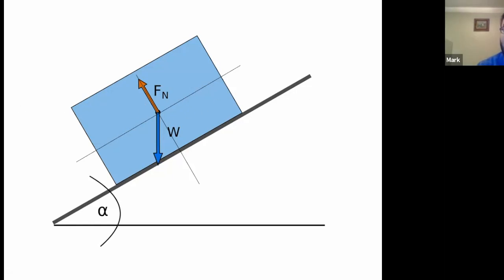The most convenient is to set them in the plane of the object. The object is slanted this way, so we make axes like this. When a force is along an axis, like this Fn, the normal force, it's perfectly fine as is, nothing to worry about.